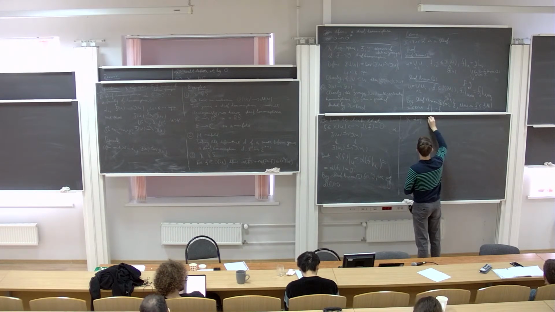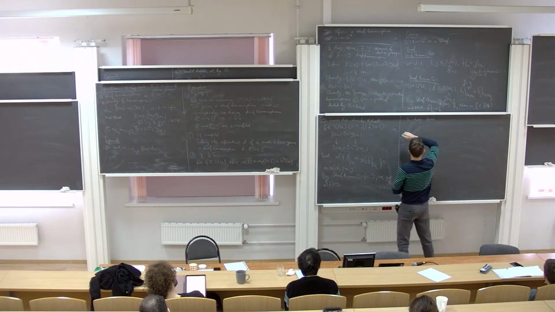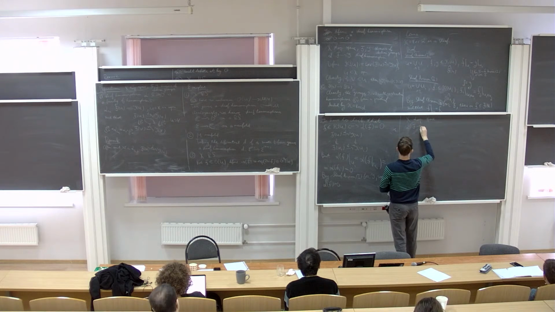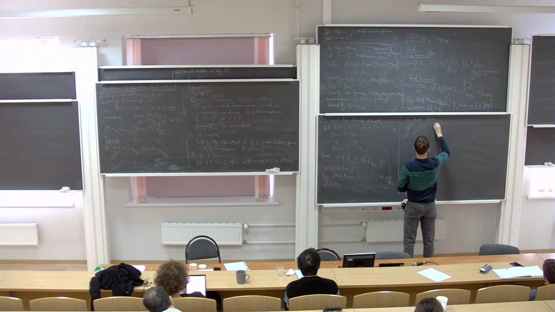X is a topological space, and again alpha from F to Y is a sheaf homomorphism.